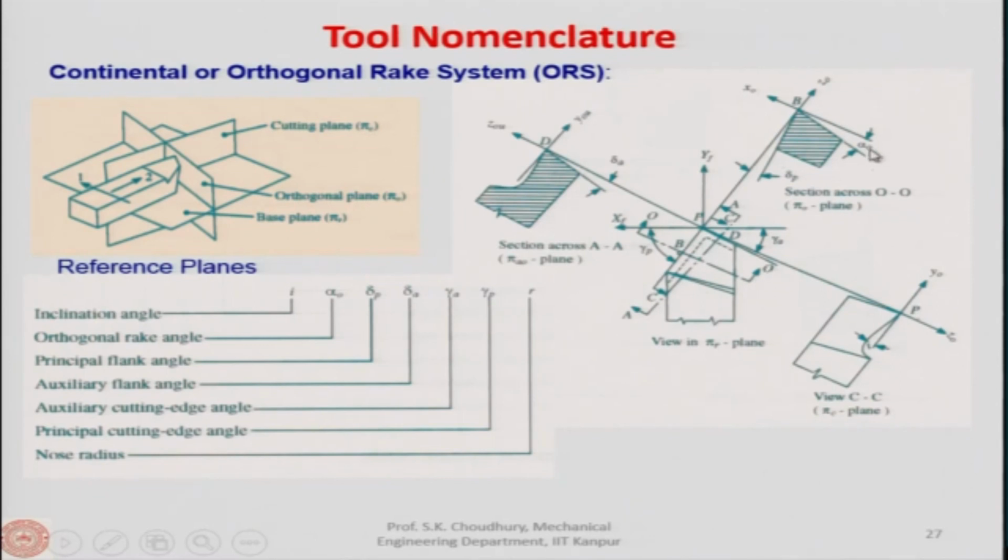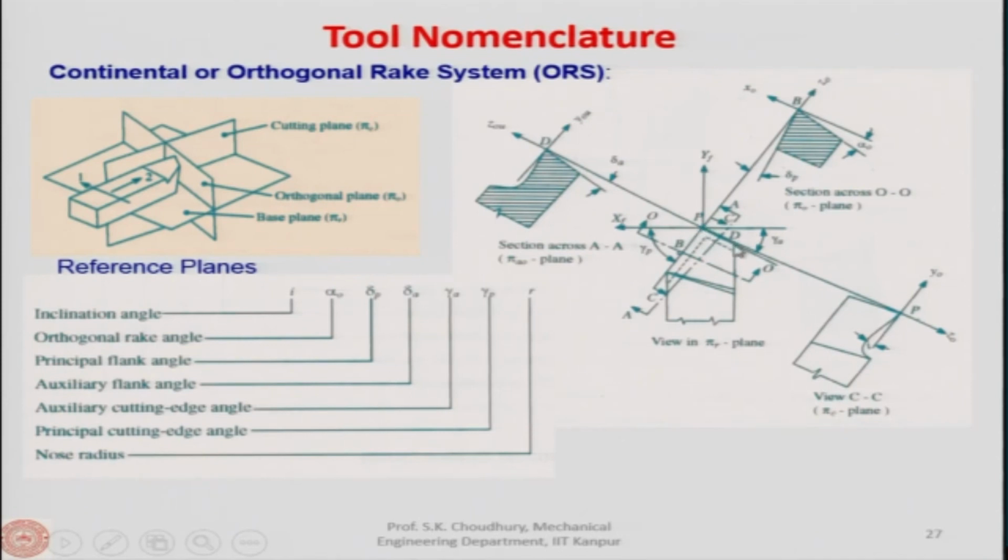So both this orthogonal rake angle and the principal flank angle are in the orthogonal plane. And the next is the auxiliary flank angle. The auxiliary flank angle is defined in the plane which is perpendicular to the auxiliary cutting edge.